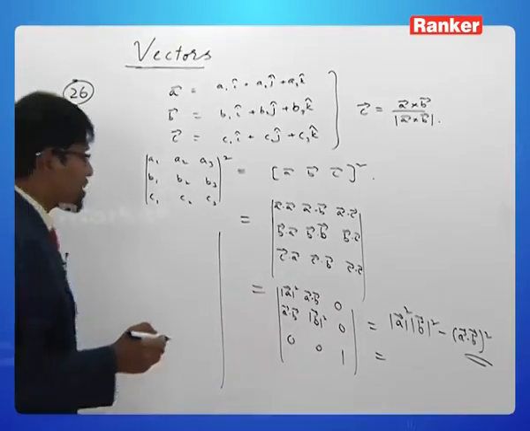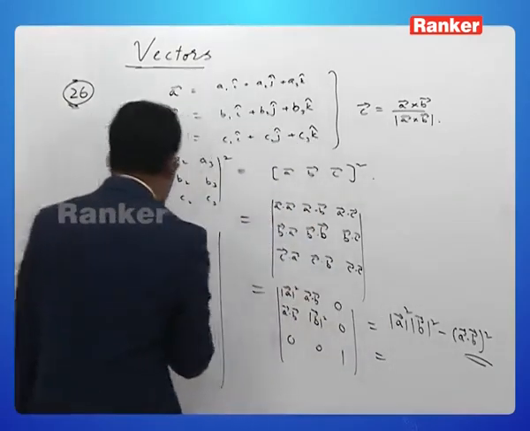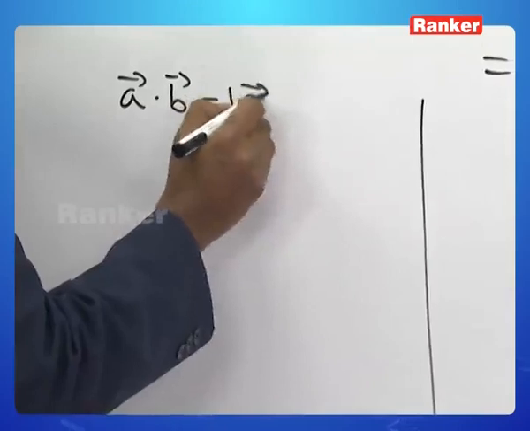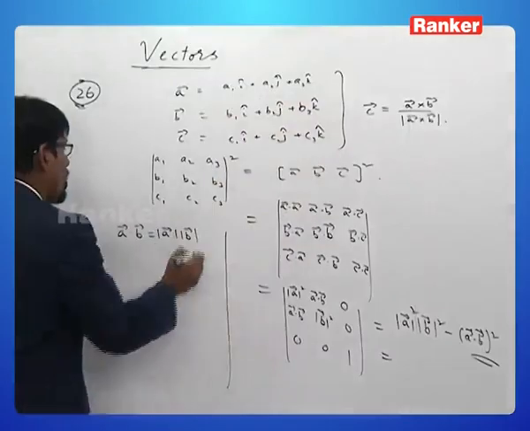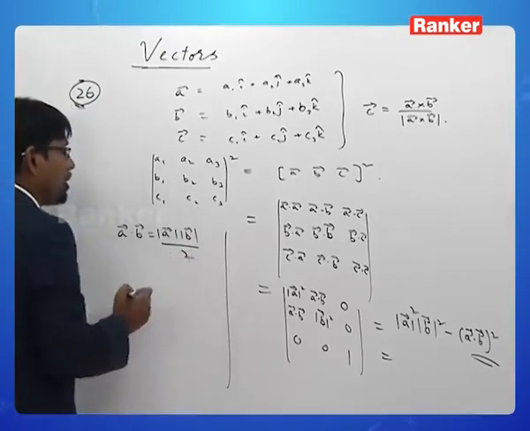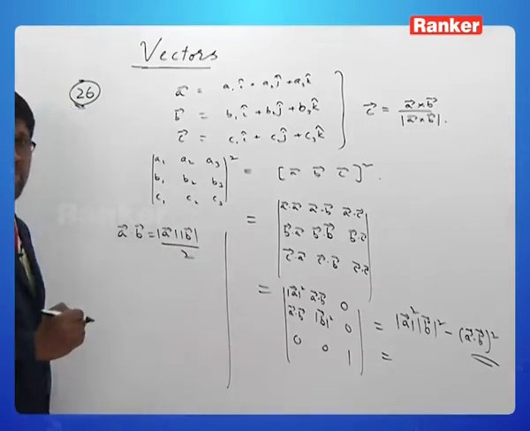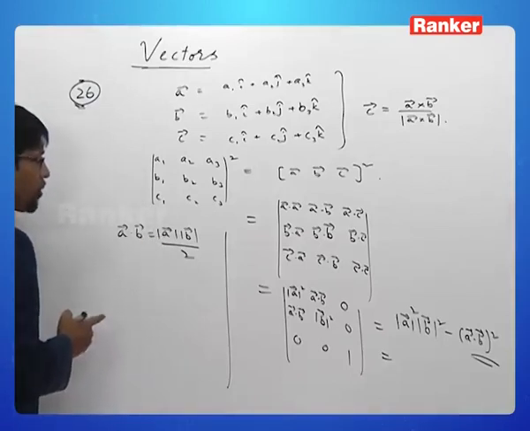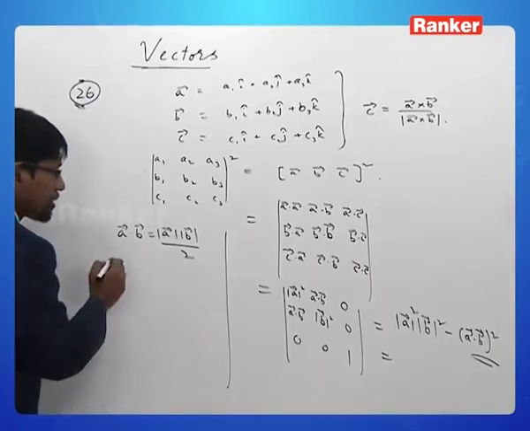We know A dot B to be equal to magnitude of A into magnitude of B into cos of the angle between them. What is the cos of the angle between them? 1 by 2, because theta is pi by 3 there. So A dot B is magnitude of A into magnitude of B into 1 by 2.